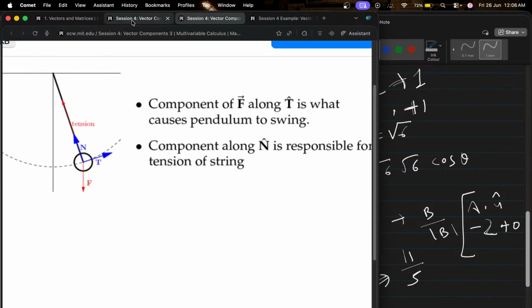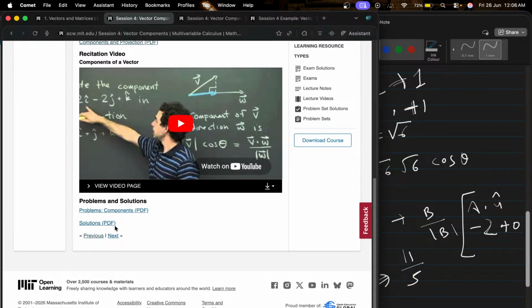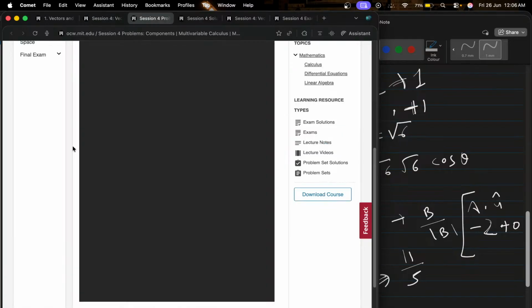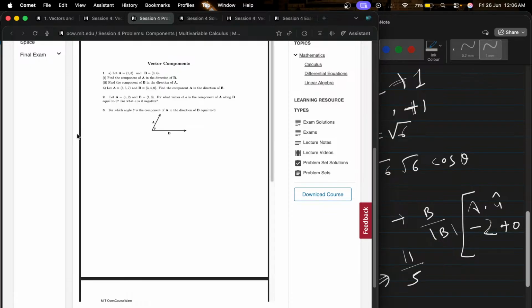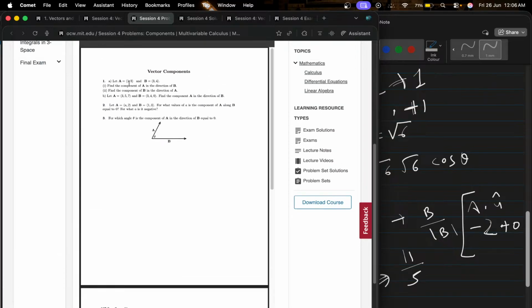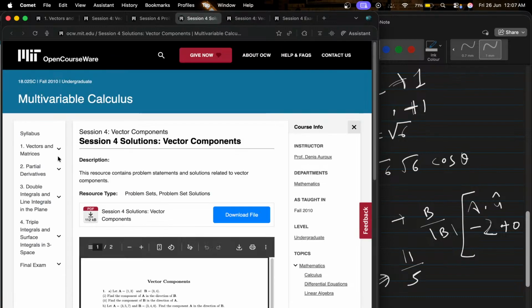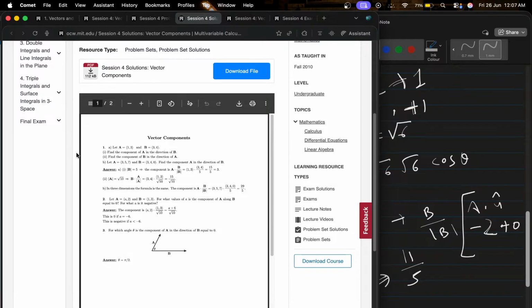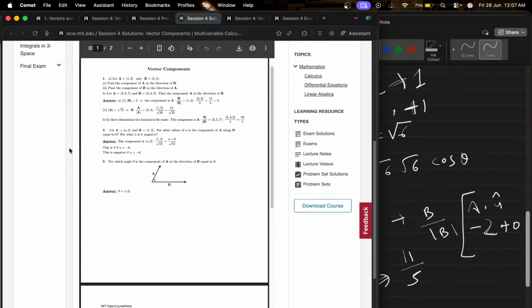This was the example, and we have only this thing left. We have three questions here. Let's see how it goes.